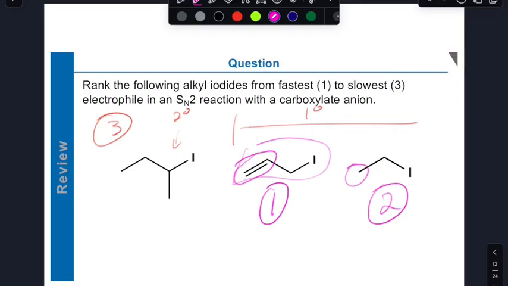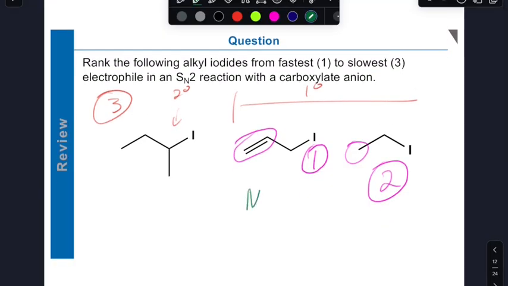Remember, to do this reaction, let me just redraw this here. This is our number 1. The nucleophilic substitution we're going to do here is going to have our nucleophile attack in an SN2, that's 180 degrees to our leaving group. The transition state that we're dealing with in the allyl case is going to look something like this, where we've got the iodide leaving and the nucleophile coming in at 180 degrees.